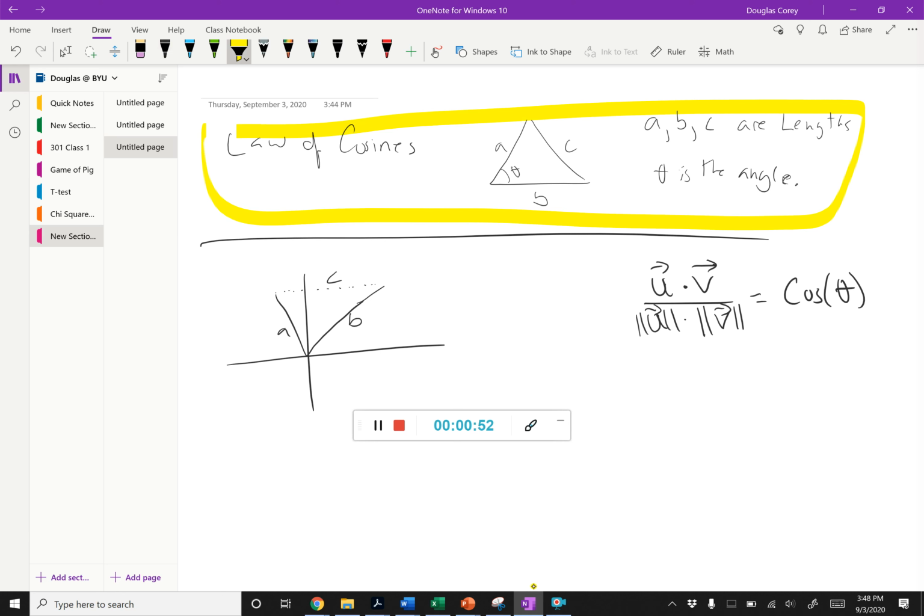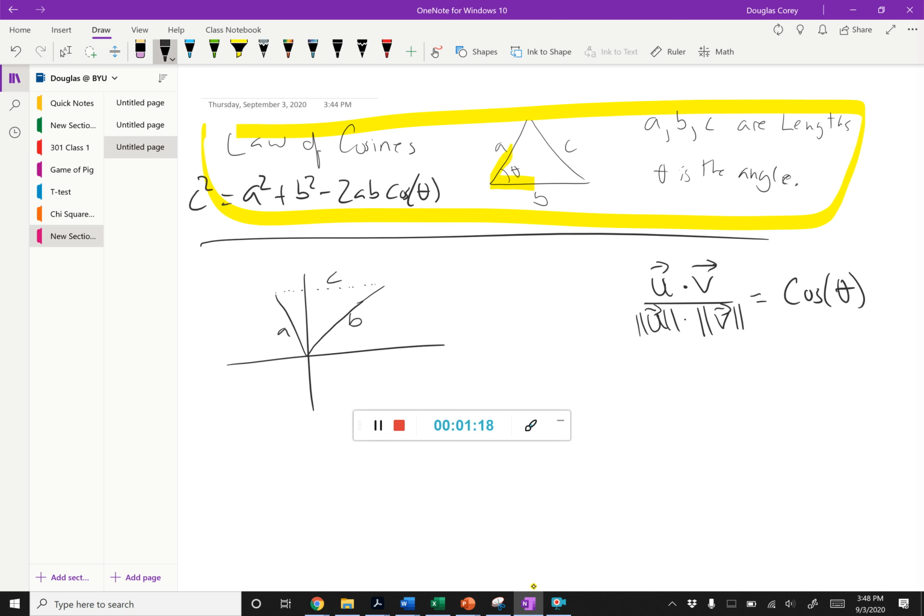So if you have a triangle where a, b, c are the lengths of your sides and theta is the angle between a and b, then the law of cosines says that a squared plus b squared minus 2ab cosine of theta is equal to c squared.